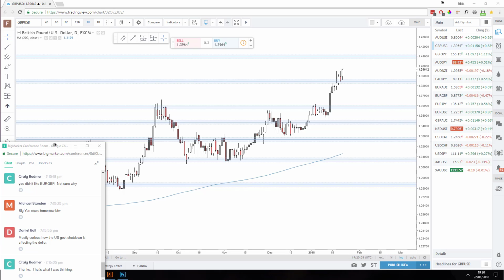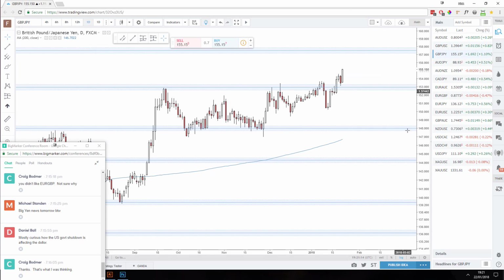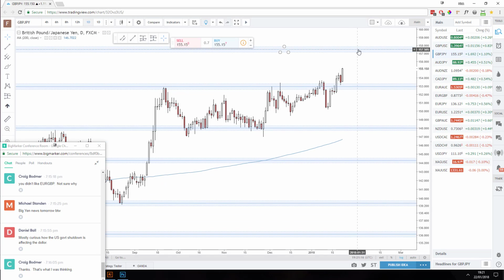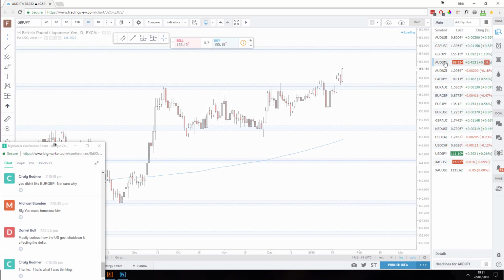But yeah, now it's approaching those pre-Brexit resistance levels, so I'm expecting pretty big things from those ones actually. I'll be looking for a nice reversal here from the 1.4100. Similar with GBPJPY, be looking for a nice reversal from the 157.50.